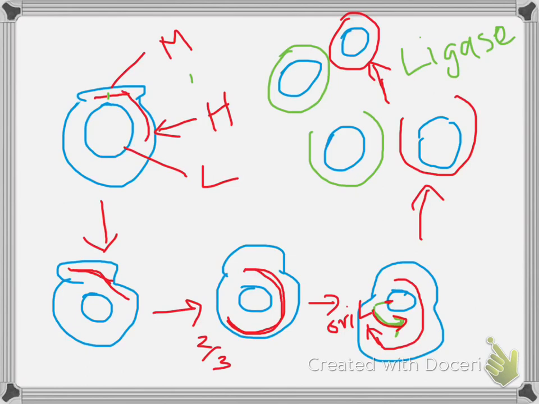So replication starts from the origin of replication in the DNA, and the complementary bases of the heavy strand are added in this strand. That is, this strand is complementary to the heavy strand.